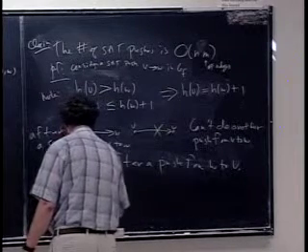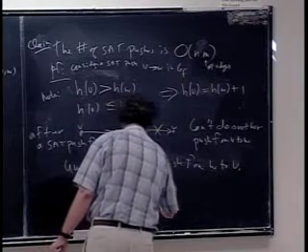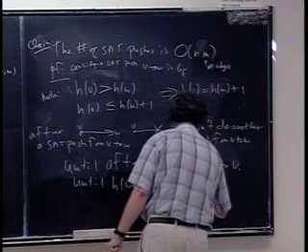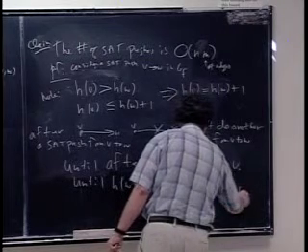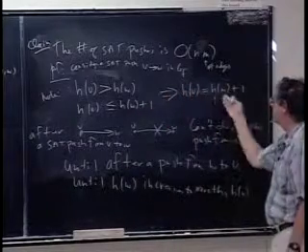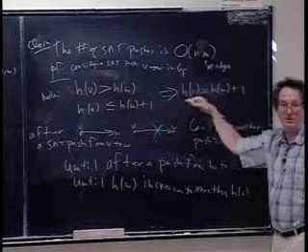Until H of W increases to more than H of V. In fact, H of W has got to increase by at least 2, right? Well, in fact, exactly 2 if you think about it.